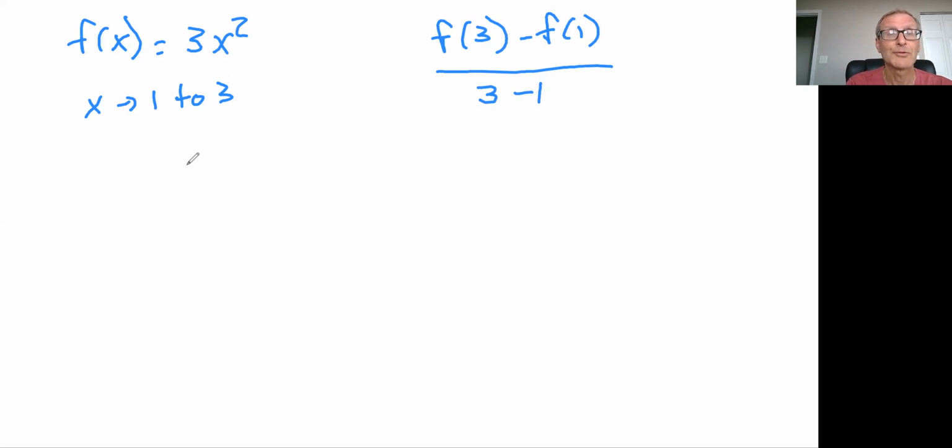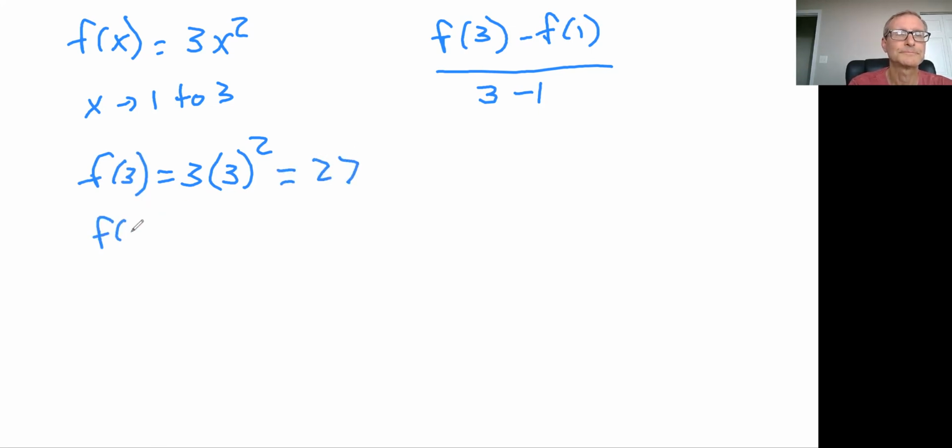So if we plug 3 in, we get 3 times 3 squared. This is f of 3. And so that would be 27. And what is f of 1? 3 times 1 squared, that would be 3.